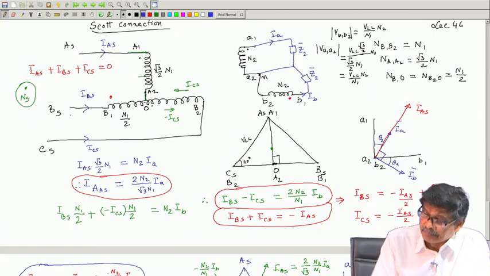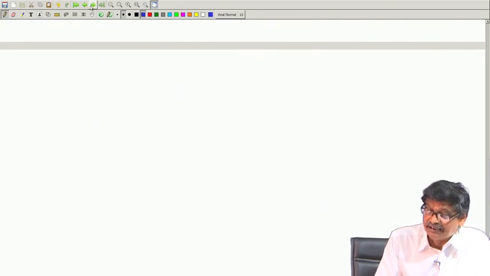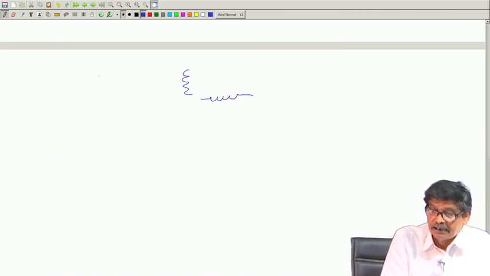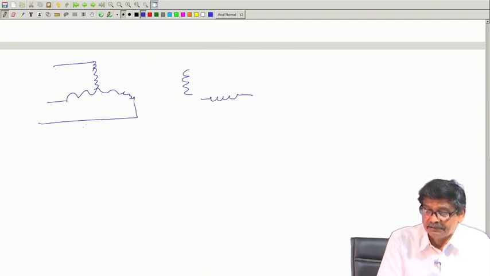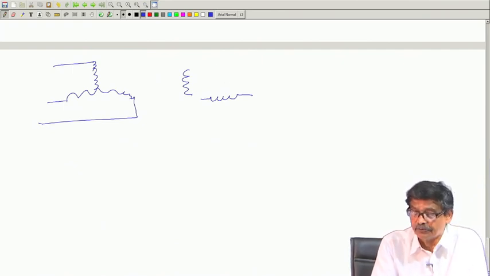Got the point? What I am telling is that in the reverse way it will work. That is, these are the secondary two coils and the primary connection is like this. I will just indicate it. I have planned, okay, 3 phase to 2 phase it does, 3 phase supply given here, balanced 2 phase you get.